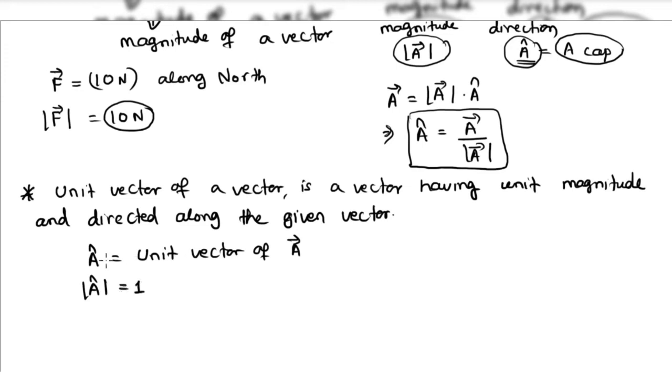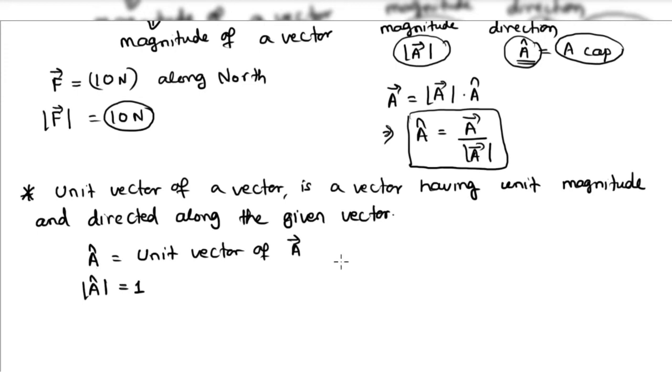And the direction of A cap is same as the direction of A vector. If A vector is directed along east, then A cap is also directed along east. If A vector is directed along west, then A cap is also directed along west. Means A cap represents the direction of A vector and its magnitude is 1.